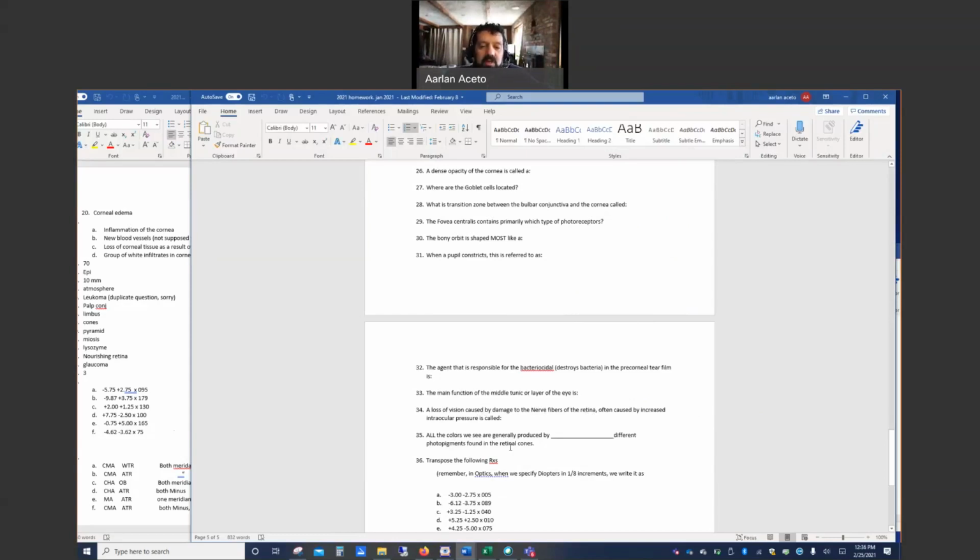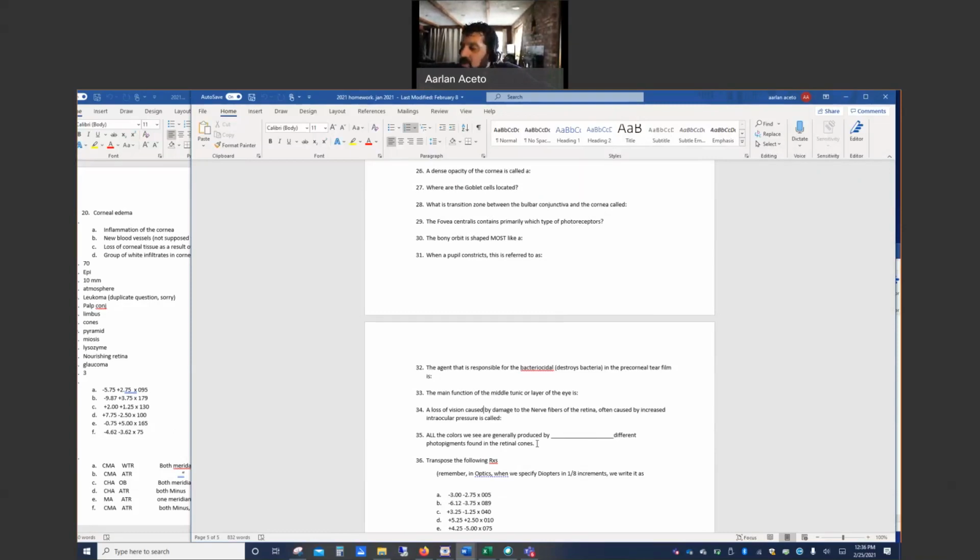All the colors we see are generally produced by how many different photopigments? You have 3 photoreceptors primarily. Most people have 3 color cone photoreceptors, and we talked about those. So the answer for this is there are 3 different photopigments. Being activated in different concentrations will allow us to process that different colors are supposed to look different, but it's only 3 different photopigments.